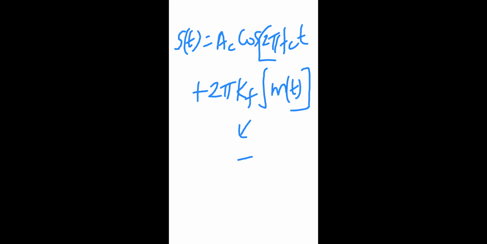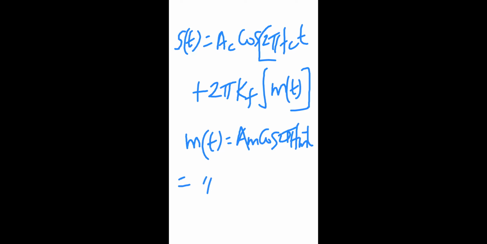Next you substitute the value of m of t. The m of t value is am cos 2 pi fmt. Once you substitute it and integrate am cos 2 pi fmt, anyway the ac cos 2 pi fct everything will come. Finally, with the plus, what you will get?